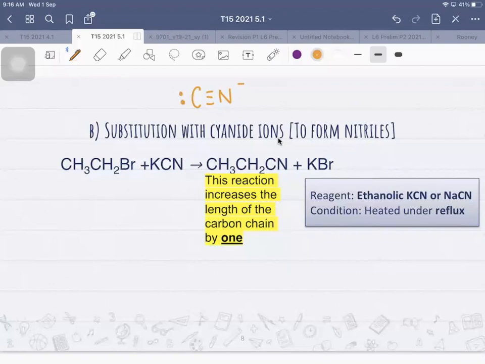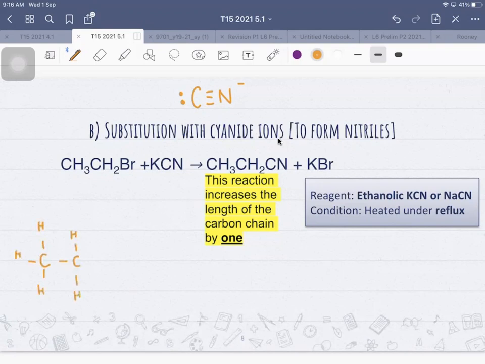It is important that the lone pair is on carbon because that's where your new bond will be formed, not on nitrogen.